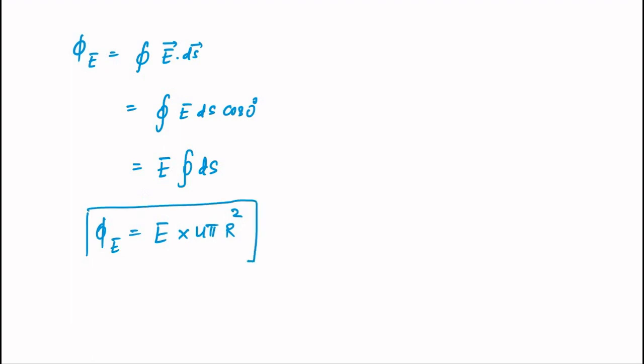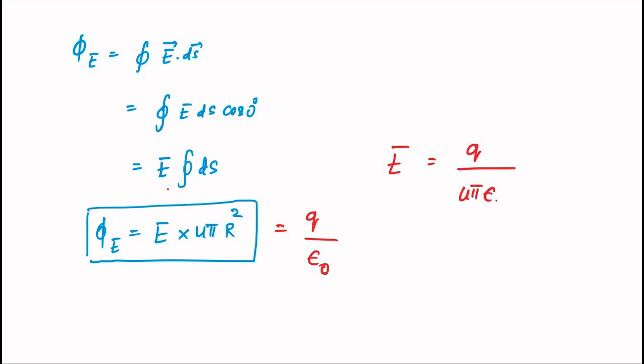Now we also know that, as per Gauss law, this is equal to the net charge enclosed by the surface, which is Q, same as the previous one, by epsilon 0 absolute permittivity. So in this case, electric field on the surface is equal to Q by 4 pi epsilon 0 capital R square.